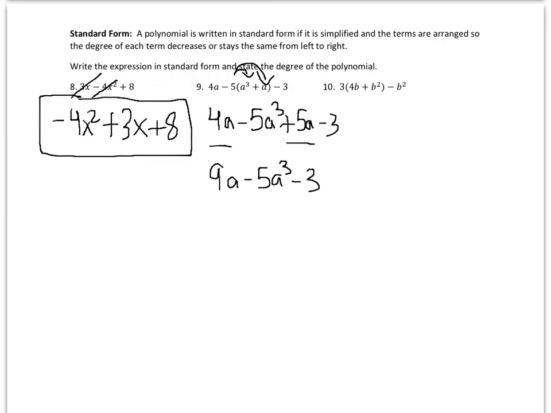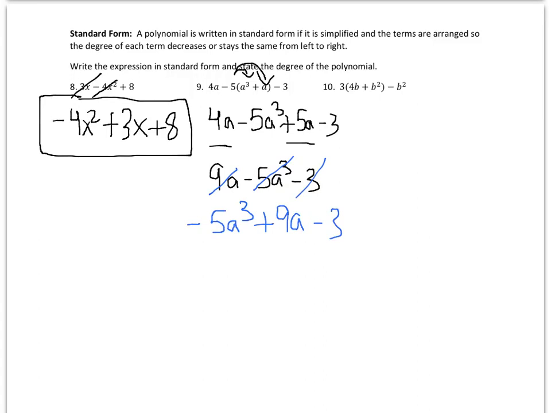Now we have simplified it. Now we need to go into standard form. So if we look through, we have a degree of 3 as the highest, so I'll make that first. So we get negative 5a to the third, cross it off. The first degree is left over, the 9a, cross it off. We're left with negative 3. When you cross them off, it helps you see what you've eliminated, so you see what's left to bring down.